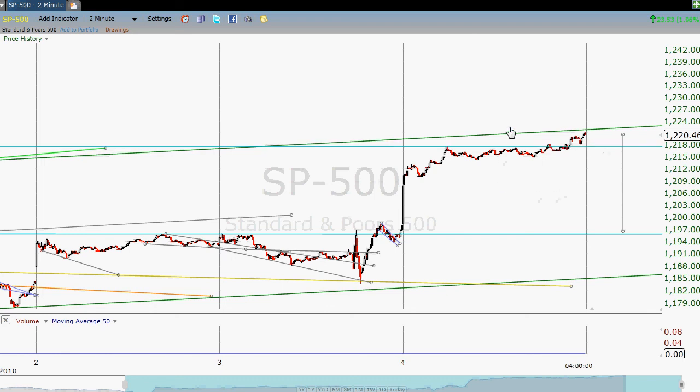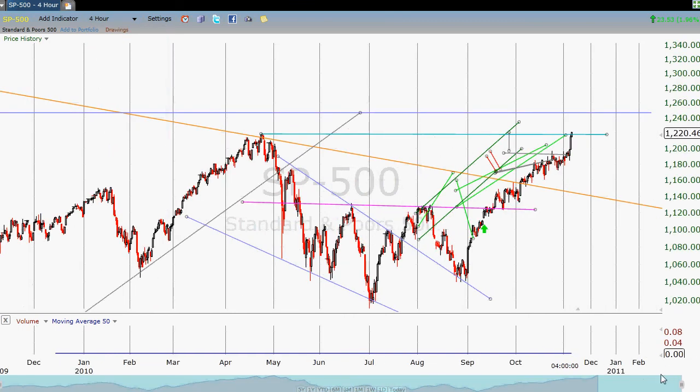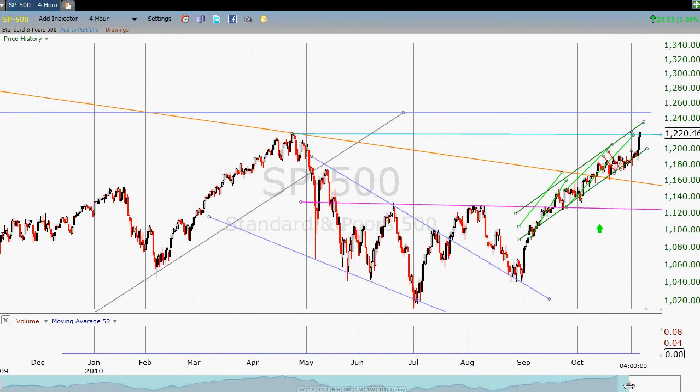In other words, I'm just watching this. I'm not the least bit worried because the overall picture, just to remind you, is that this S&P chart is going to make it to between 1240 and 1250. And that's the minimum from this pattern.